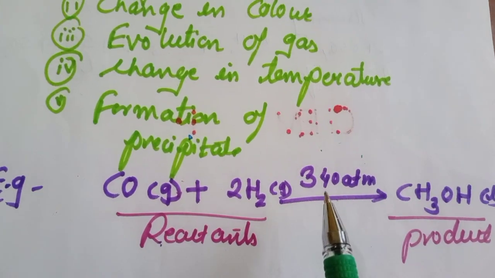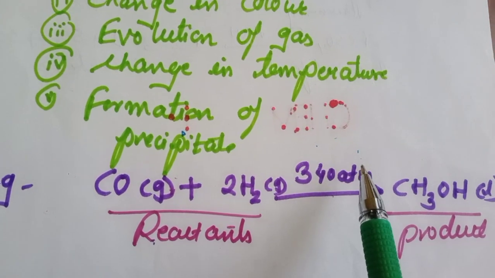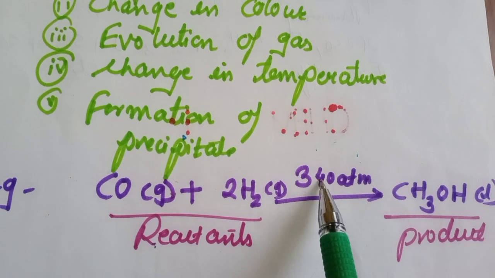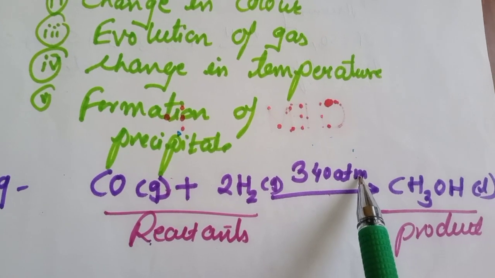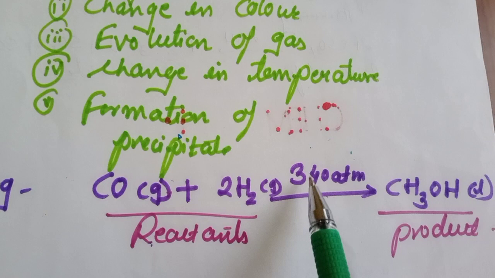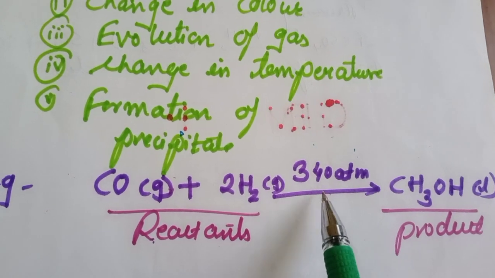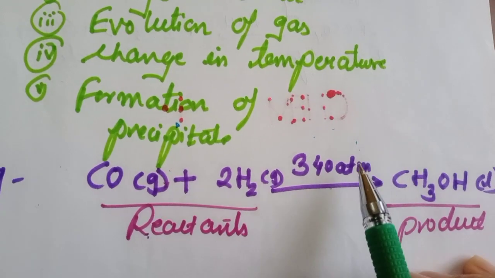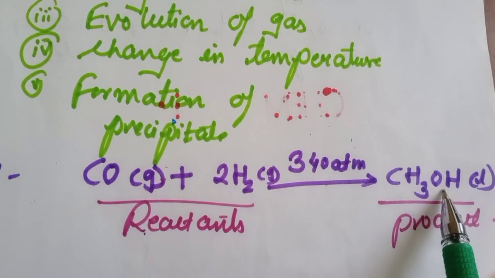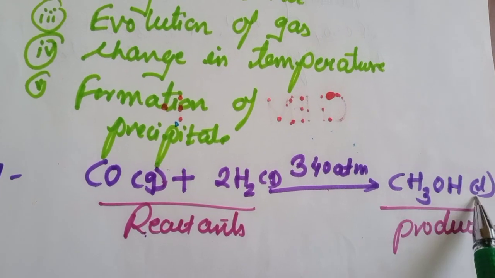That is, if the reaction is taking place at a pressure of 340 atmospheres, we write 340 atmospheric pressure above the arrow. So this is the method of writing the chemical reaction. Next, we have to write the product. The product is CH3OH.